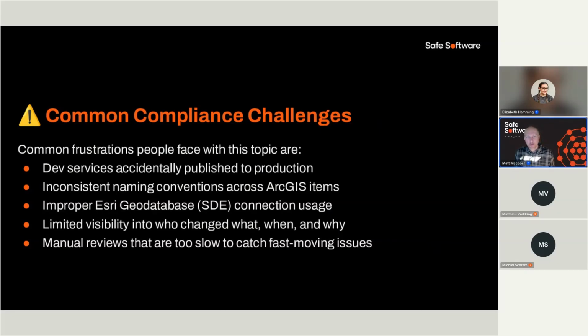You might have manual reviews and audits in place to try and catch these things, but due to the time involved and everyone's busy, they are often catching these issues after the damage has been done. So that's where a solution to automate your ArcGIS Enterprise compliance is needed.